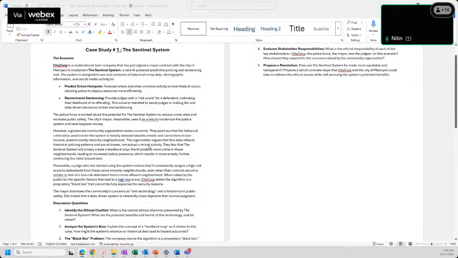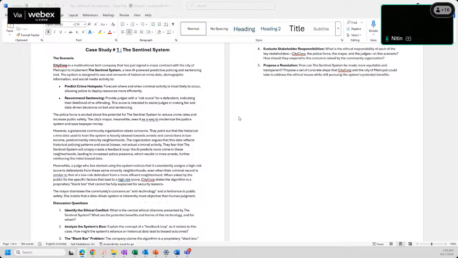Then I want each group to come back and spend another 20 minutes to speak to it. That's one. I'll leave it to Nidhi and Shweta to distribute that case study. I think I sent it to them before the meeting.